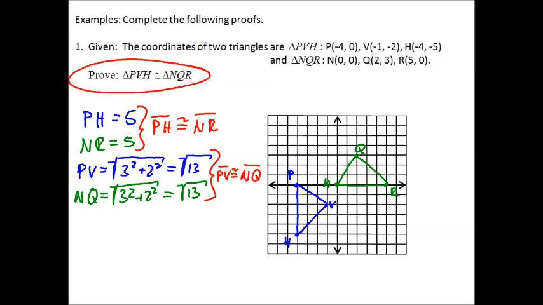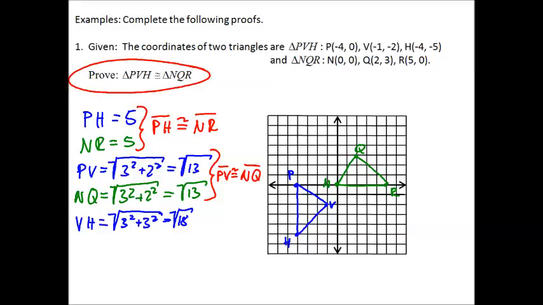On to our last side of the triangle, the side VH. And again, we're going to have to use the Pythagorean theorem. The length of VH is the square root of 3 squared plus 3 squared. In other words, the square root of 18.